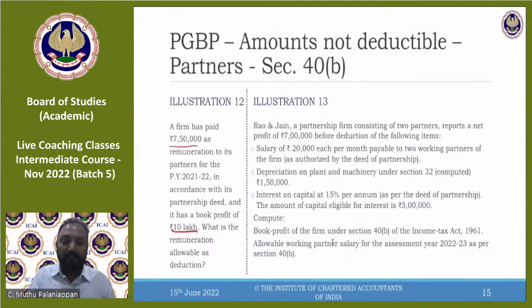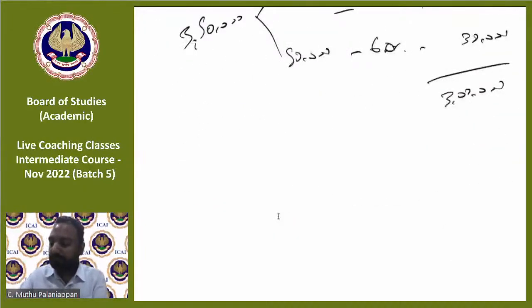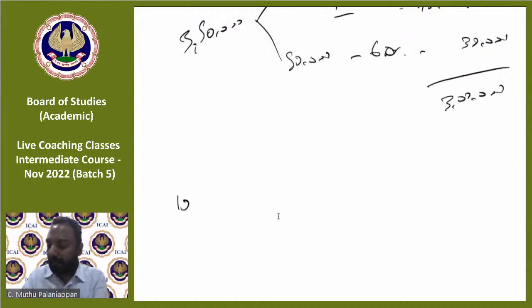For the first 10 lakhs, you split it as 3 lakhs and 7 lakhs.